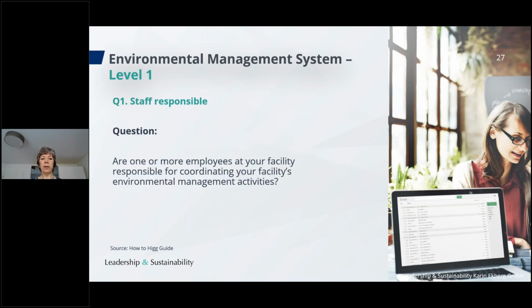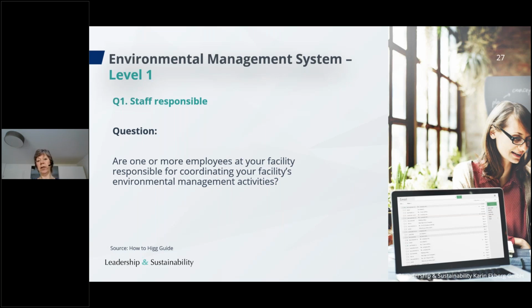So question number 1 is, are one or more employees at your facility responsible for coordinating your facility's environmental management activities? And here you should list all your employees. You should list their function, how much time they spend on environment, and which area specifically they are overseeing. Are they overseeing all environmental aspects?